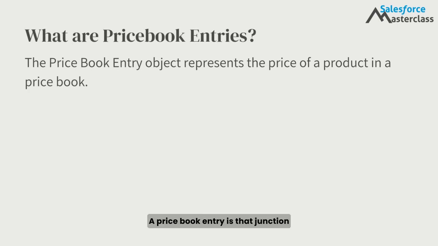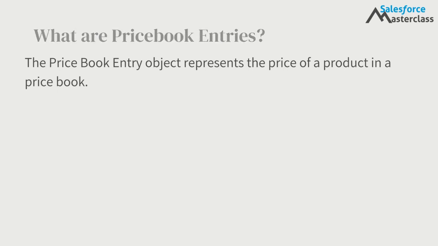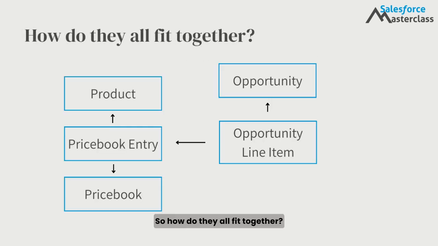A price book entry is that junction between a product and the price book. So it's saying, I want to sell this product at this specific price point. So, how do they all fit together? The whole point of tracking products is so that you can add them to opportunities and quotes and so on, right?